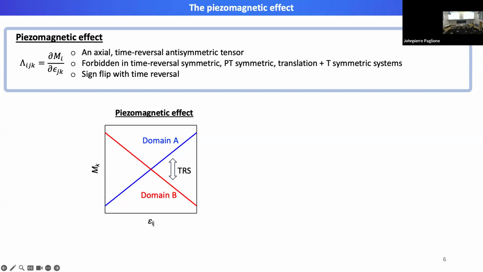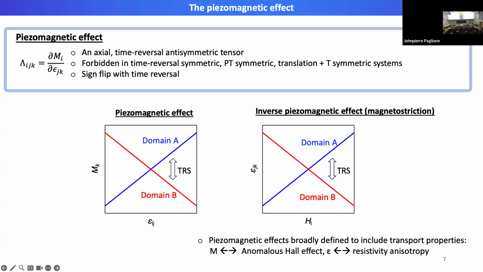I want to pause here to extend the piezomagnetic effect to not only include the linear relation between magnetization and strain, but also the inverse piezomagnetic effect, where the strain or lattice deformation would have a linear relation with the external magnetic field, and all these properties I've discussed are also applicable here.